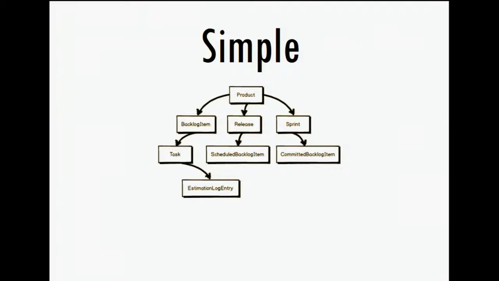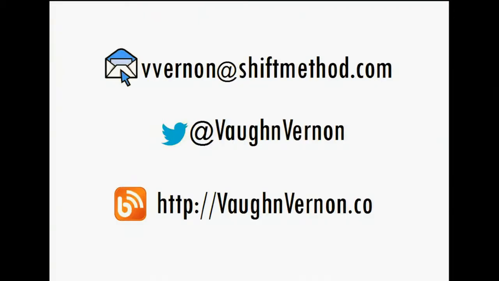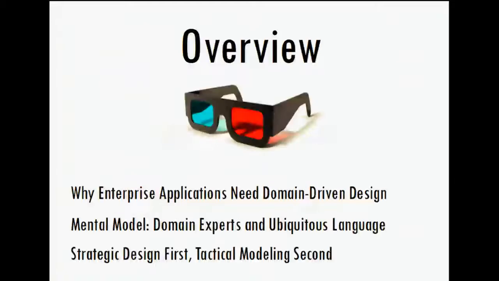And I do blog, and I'll be blogging further on this topic of using DDD with .NET, and the later session at 5 this evening on aggregates and entities with Entity Framework and Azure storage tables. So if you want to take note of my blog or my Twitter account, you'll find out when those are available. So today, at this point, what we're going to talk about is sort of the high level.